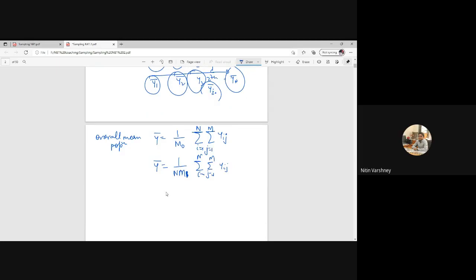So it is 1/Nm summation i equal to 1 to N and j equal to 1 to m yij. So this is the overall population mean. Now this overall population mean is equal to y bar N dot when the cluster sizes are equal.